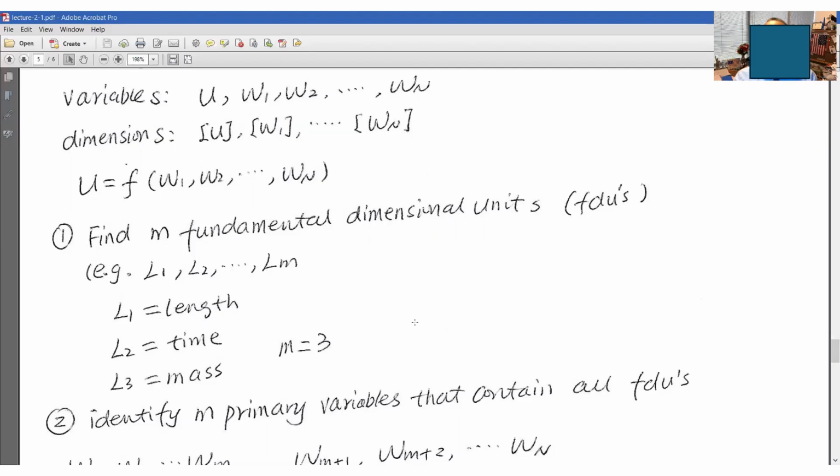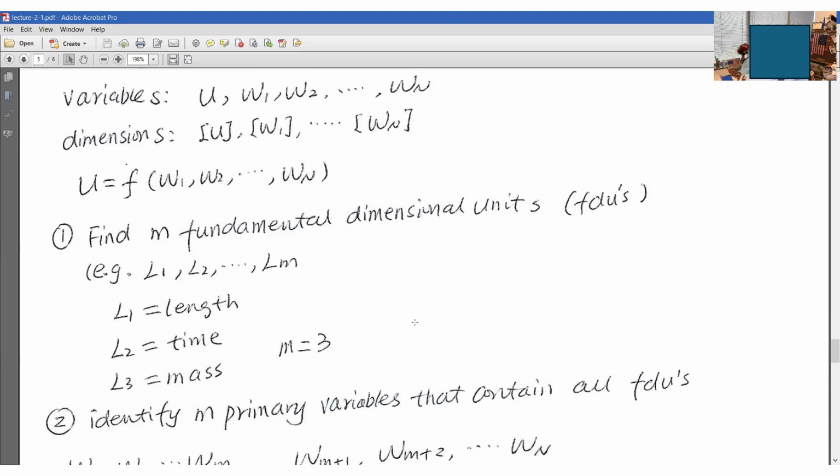Can somebody tell me another one? Okay, length, an independent fundamental dimensional unit. Time, an independent fundamental dimensional unit.